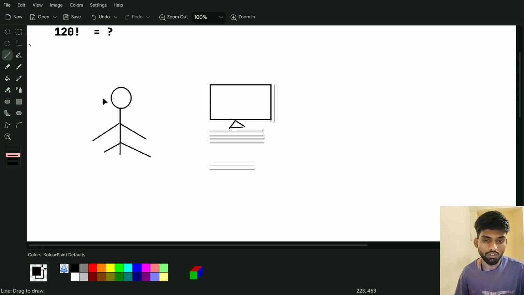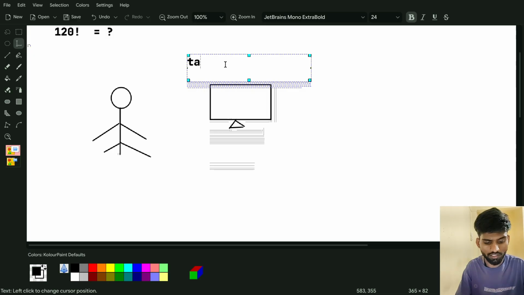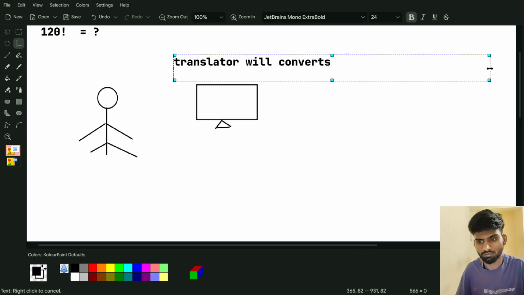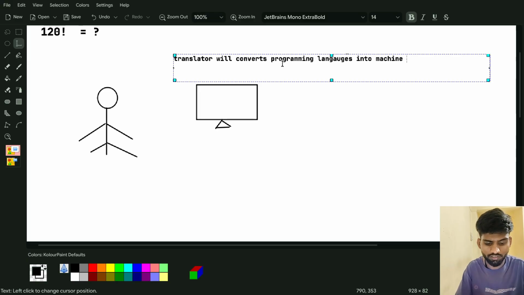So can I say a translator converts programming languages into machine language?